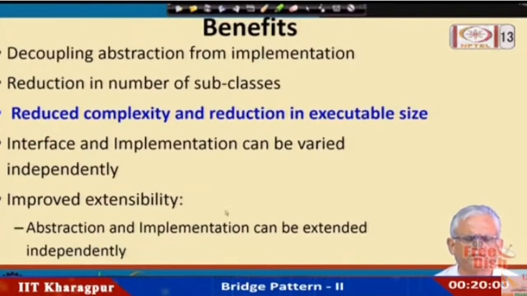The concepts in the interface and implementation can be varied independently without affecting the two hierarchies together. If we vary the abstraction hierarchy, it should not affect the implementation hierarchy. Similarly, a new implementation should only change the implementation hierarchy, not the abstraction hierarchy. And it makes it more maintainable.